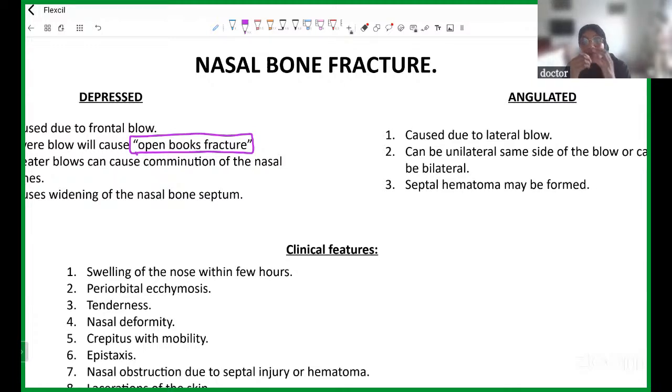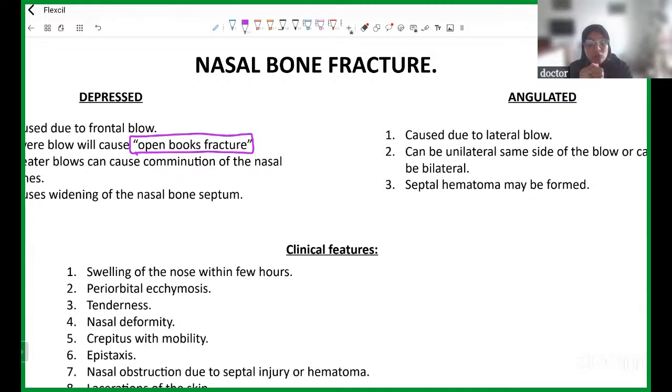Okay. Now, nasal fractures are often accompanied by injuries of the nasal septum 90% of the time. It can be dislocated or it can be fractured into several pieces. You have to make sure that you prevent septal hematoma in a patient who is having nasal fracture, because septal hematoma can grow in size very swiftly, and it will compromise the patient's breathing, and can also lead to hemorrhage.